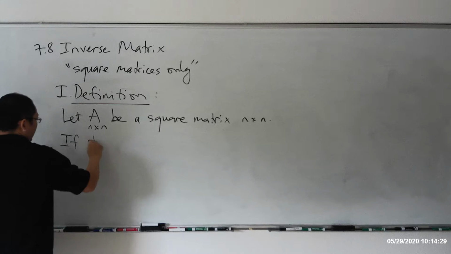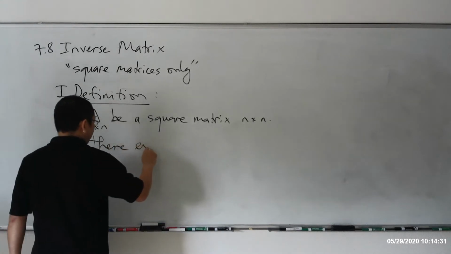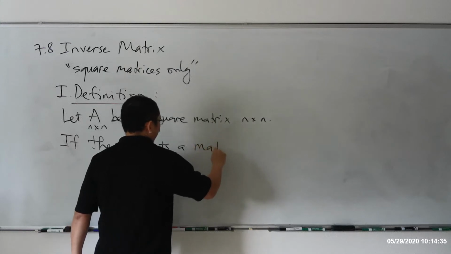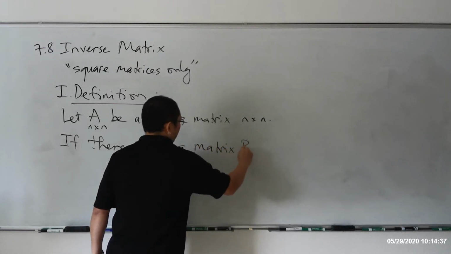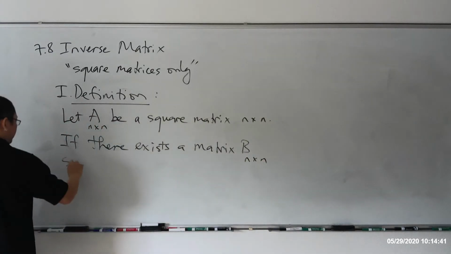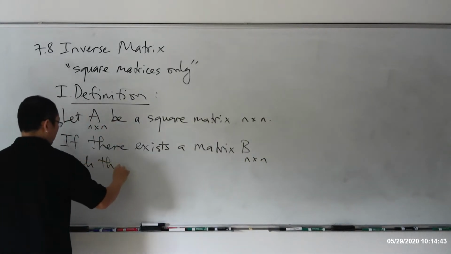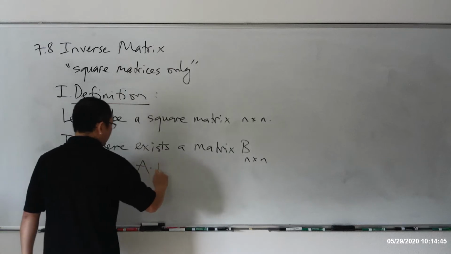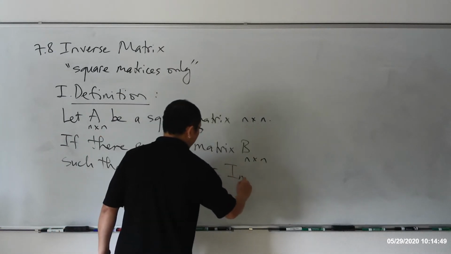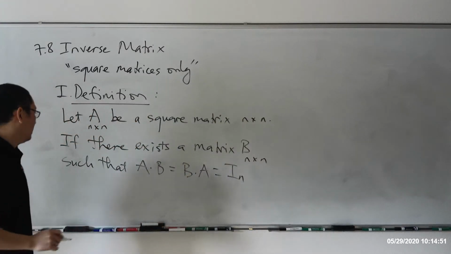If there exists a matrix B, of course still n by n, such that you take A times B is equal to B times A equal to the matrix I, of course still n by n, right?